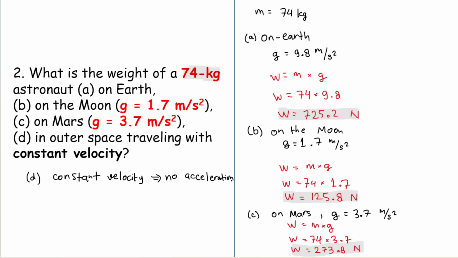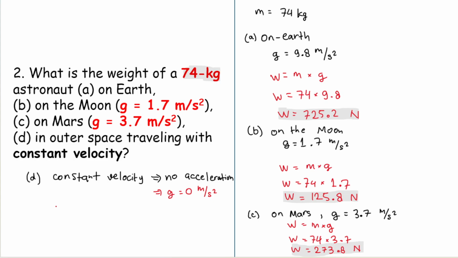The net force is equal to 0. And so we also have the gravitational acceleration in outer space, because gravitational acceleration is just the vertical component of the force. So our g here is equal to 0 meters per second squared.